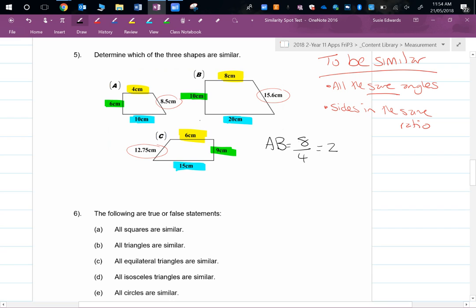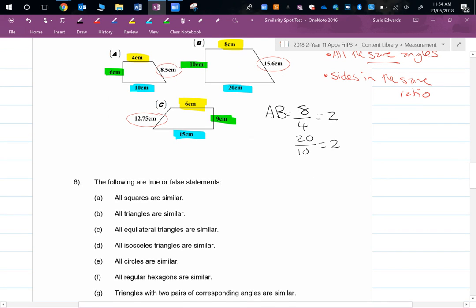Let's try the blue ones, 20 over 10. What's that equal? 2. So it's looking all right so far. Okay, let's try the green one. So 10 over 6. Not 2. Okay, so therefore A and B are not similar.